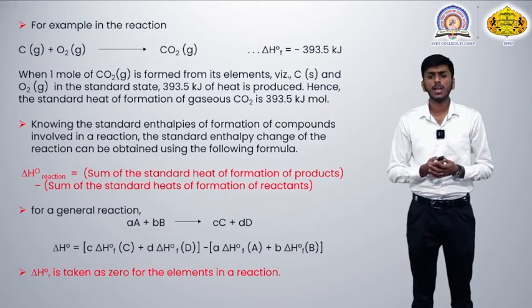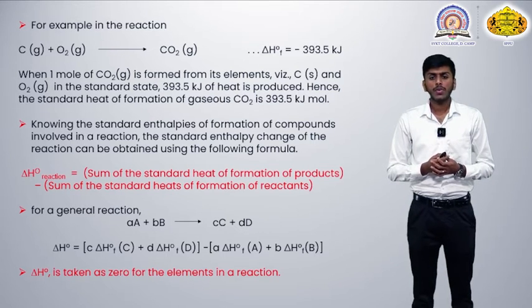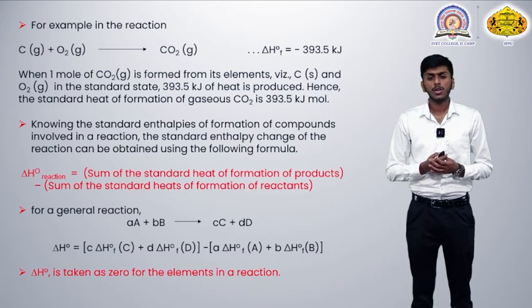Knowing the standard enthalpy of formation of the compounds involved in the reaction, we can then obtain the standard enthalpy change during a reaction. The formula for this is delta H naught of a reaction equals the sum of the standard heats of formation of products minus the sum of the standard heats of formation of reactants.